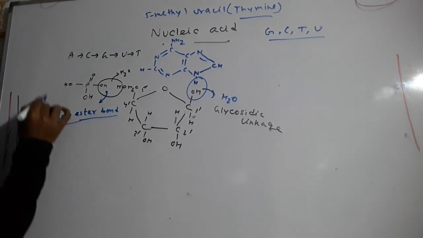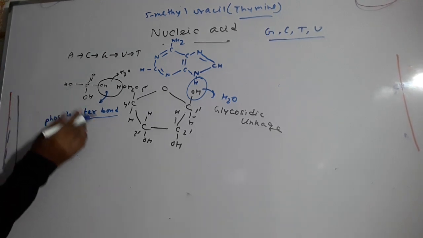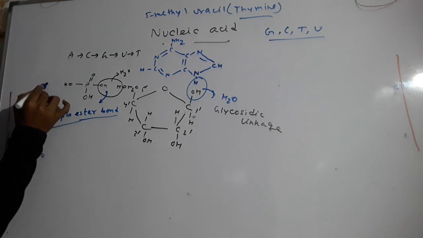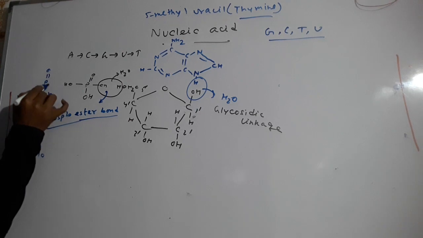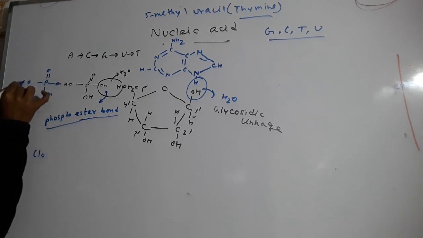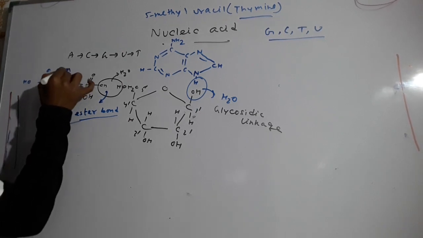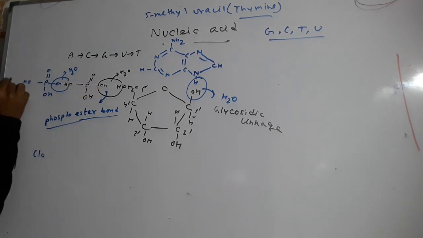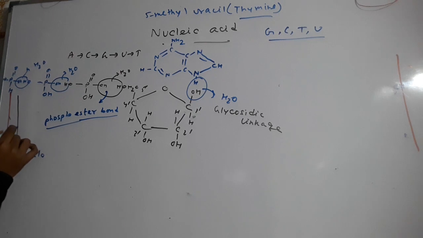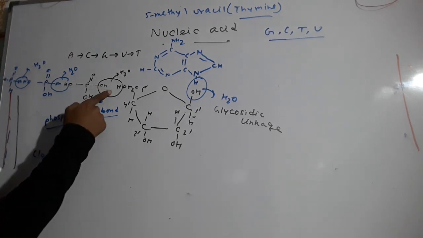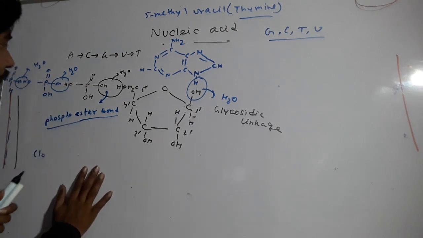Okay, now there may be more than one phosphate, maybe 3 phosphates. Again H2O removal, again phosphate here, and H OH OH. Again H2O removal. So you see that 3 phosphoester bonds are formed.